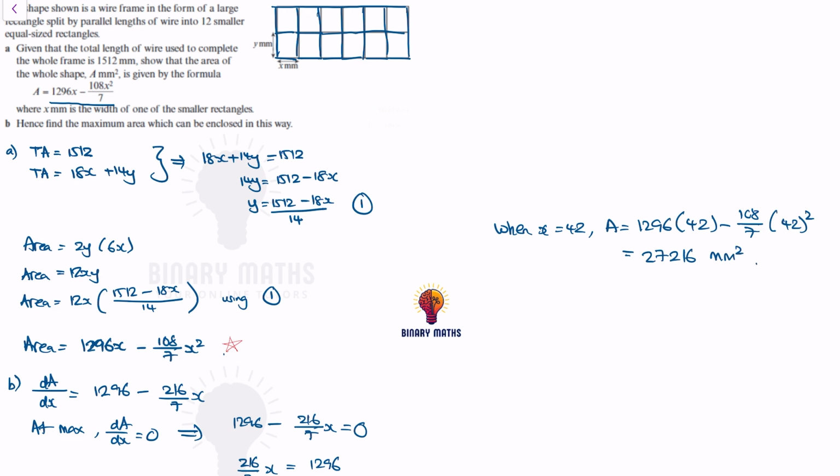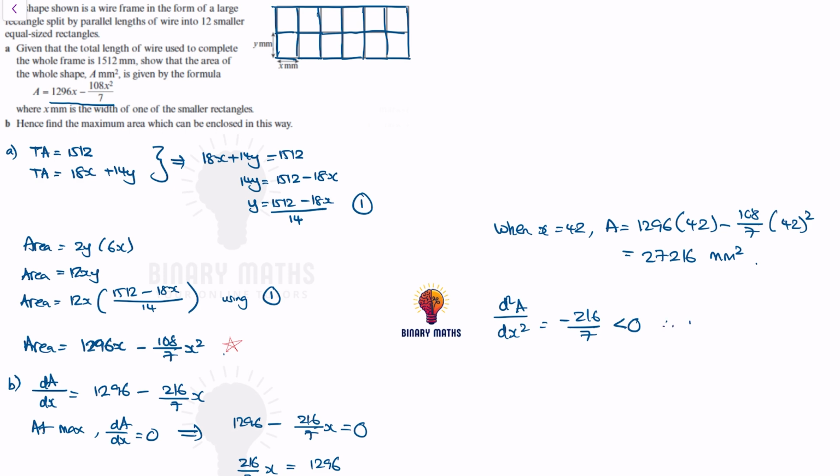If I want to check that this is when the maximum occurs, I need to differentiate A again. So to find the second derivative, d squared A over dx squared, which is equal to minus 216 over 7, which is always less than 0.